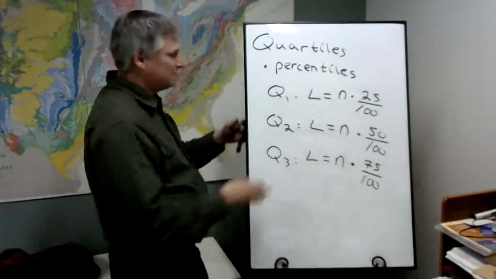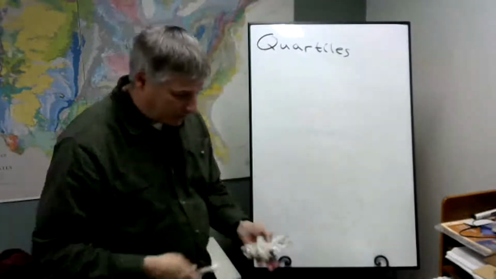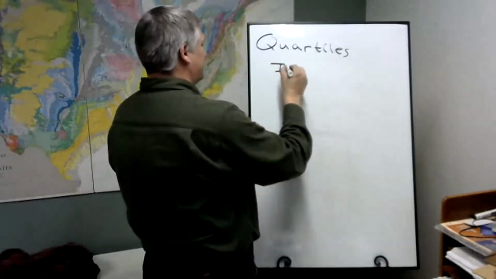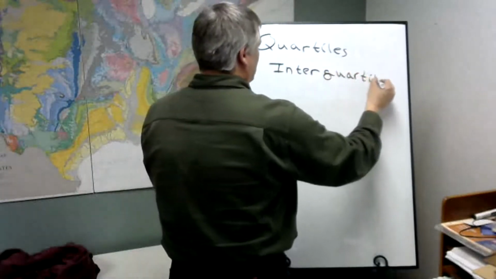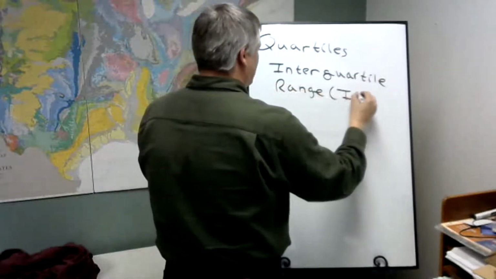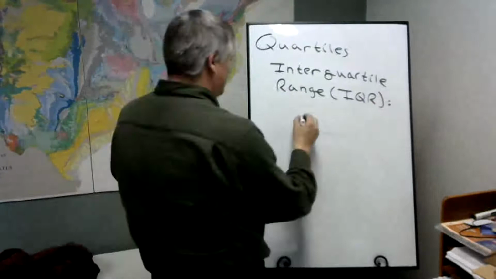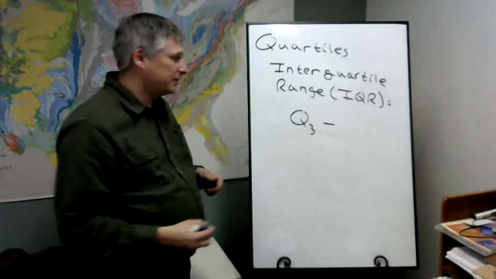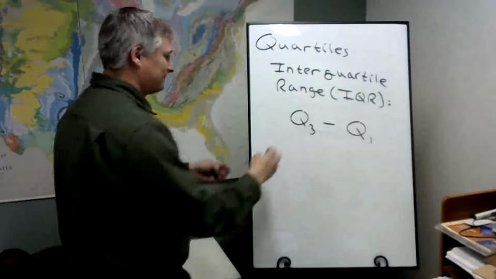So there we go. So let's say we've computed these. We can put these to some applications right away. And probably the most important one is what we call the IQR, the interquartile range. We'll use this later. What this is: Q3, whatever value we found for Q3, minus the value for Q1.